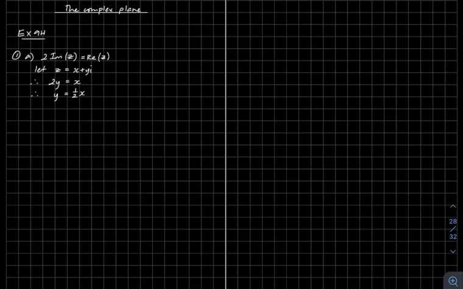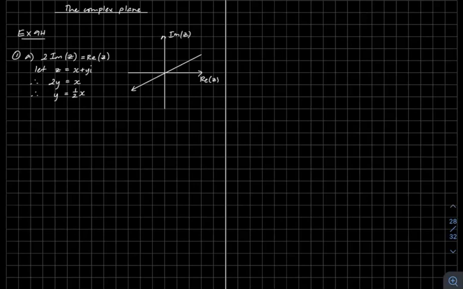And that's certainly an equation we're familiar with. With x being the real part of z and y the imaginary part, y equals a half x is just a line passing through the origin with a gradient of a half.